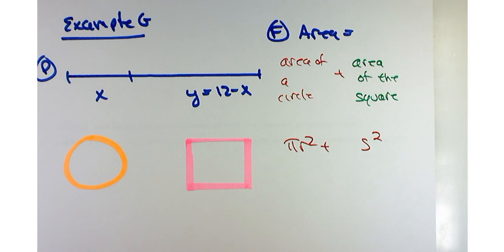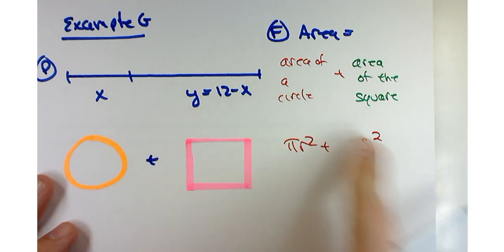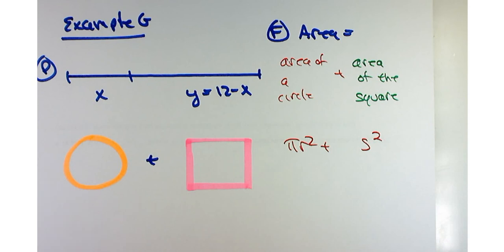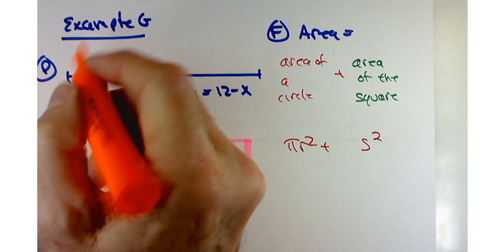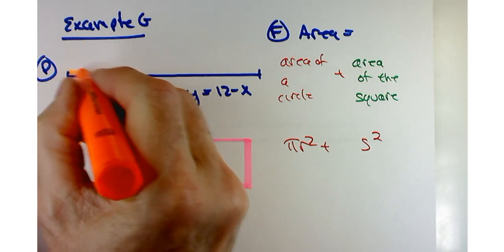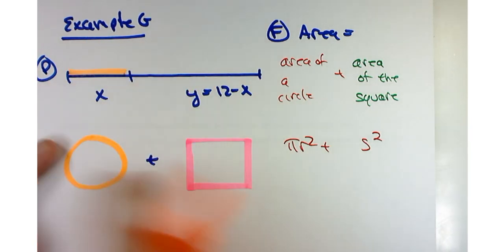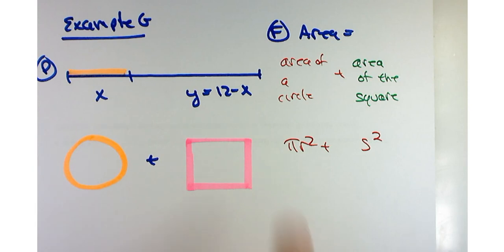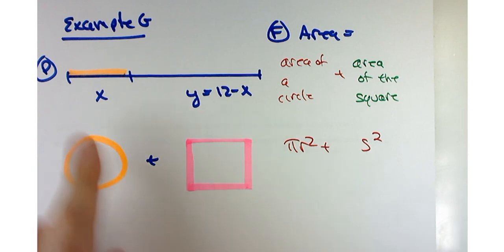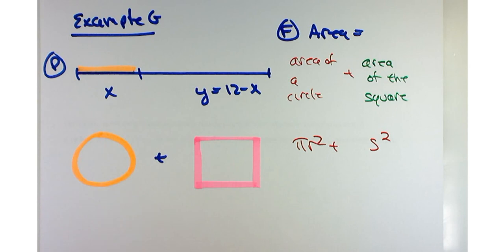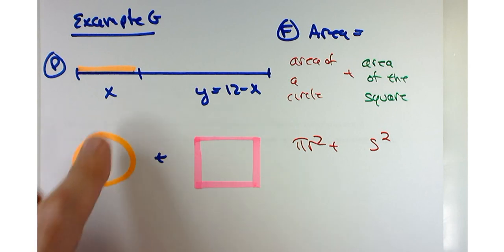So right now, I don't have a whole lot going. I've got to eventually write this all in terms of one variable, X. Now, if I'm going to take that first piece and wrap it up into a circle, so this much is going to be wrapped into a circle, I need to figure out what the radius is.